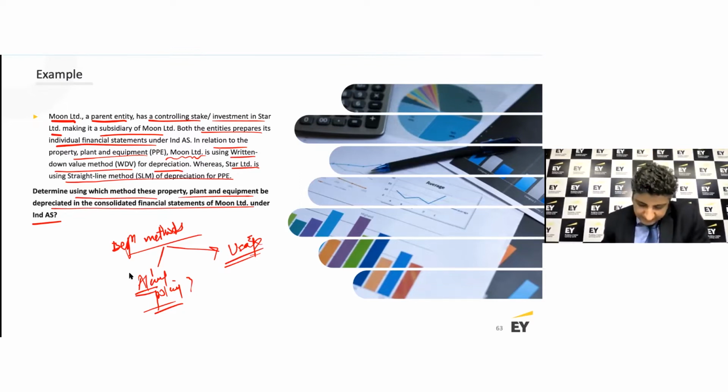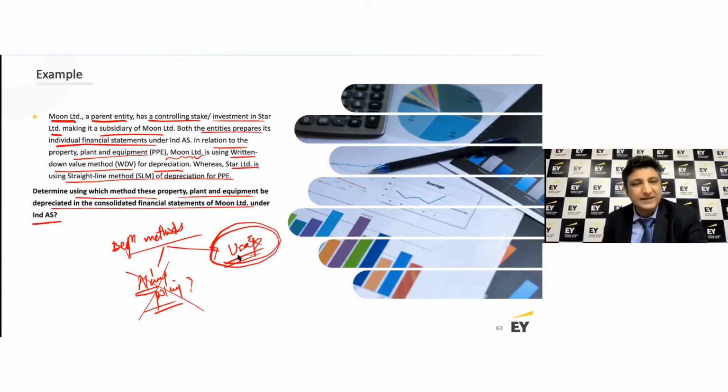Of course, it is not an accounting policy to use a straight line method for one category of asset, or a WDV method, or a written down value method, for another category of assets, right? So first of all, it is not two sets of different accounting policies. So this question itself does not give the information that we are seeking. It's rather a tricky question to confuse us. So simply, it does not make a difference.